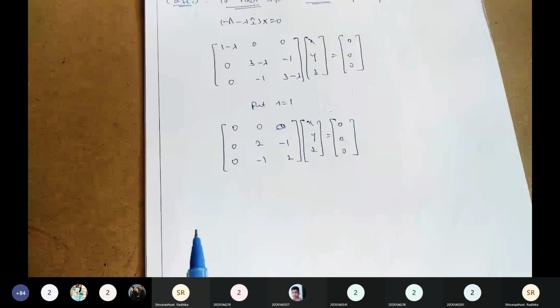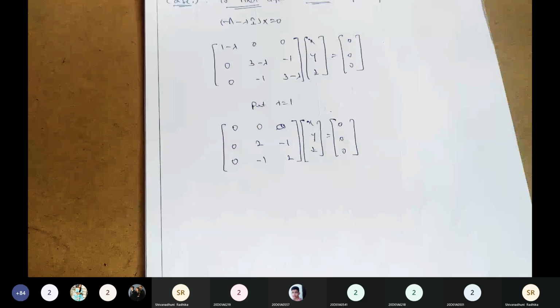Then we have to use the formula ax plus by plus cz equals 0, and next we have to solve x, y, z using that. When we use that formula, the minimum and maximum is 5 variable coefficients that are non-zero, but here see 0, 0, 0.